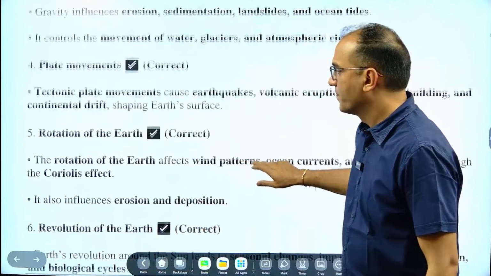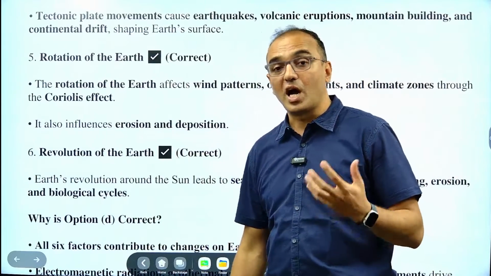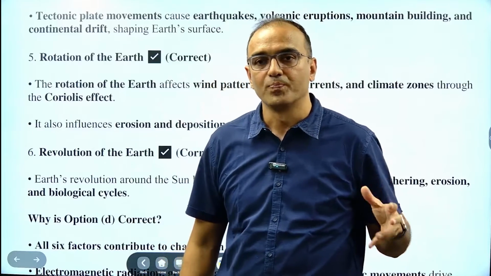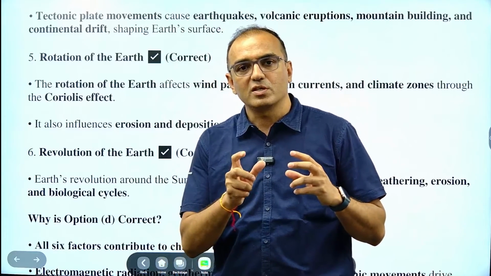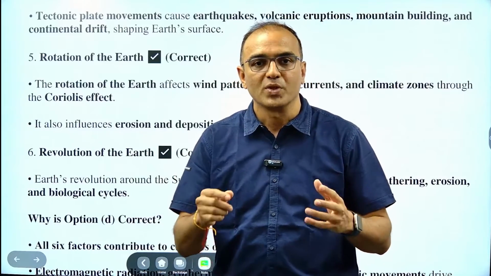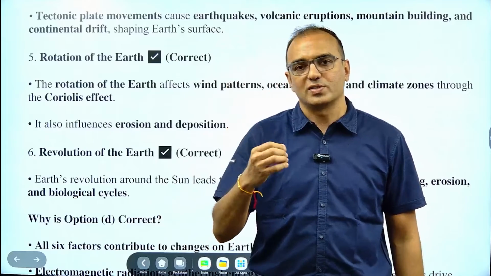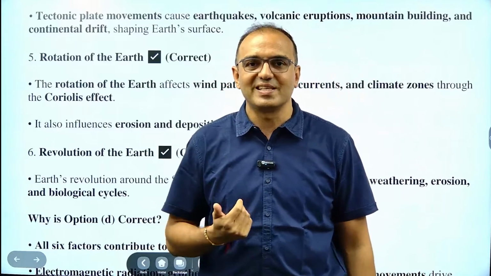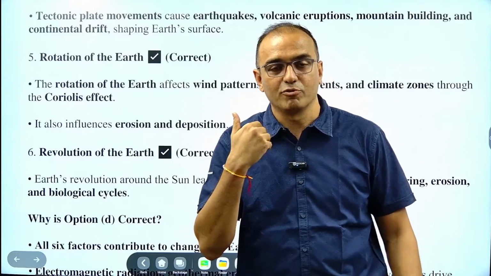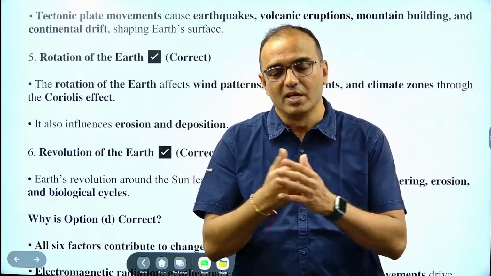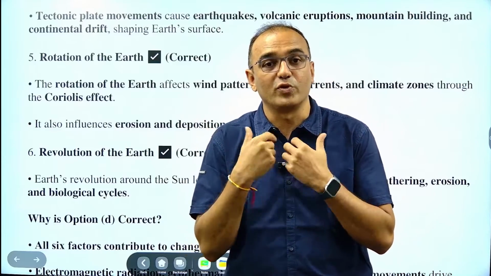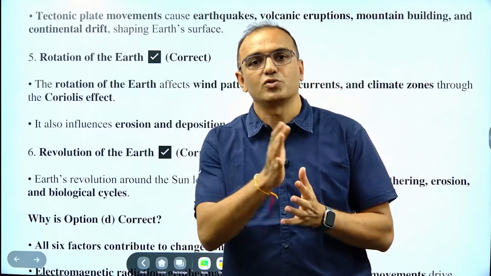Rotation of the earth. Now, how is rotation of earth bringing about dynamic changes on the surface of earth? You know, rotation of the earth is associated very closely with Coriolis force. What is Coriolis? Ferrel's law states that if you stand in the northern hemisphere with your back facing the direction from where the wind is coming, the wind tends to deflect towards your right.